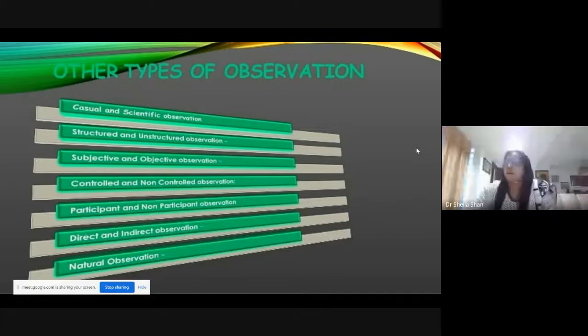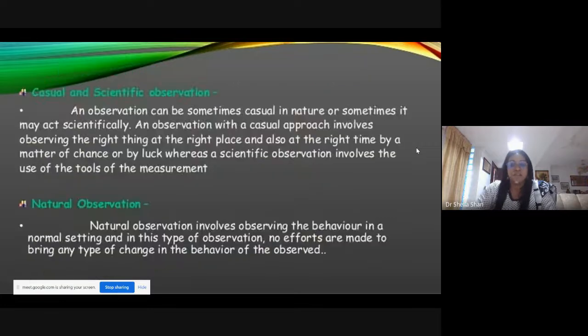So here are a lot of types of observation, which I'm not going to go through one by one. You should just have awareness that there are so many types of observation. We have casual observation, which is a casual approach involving observing the right thing at the right place and at the right time, by a method of choice or by luck.